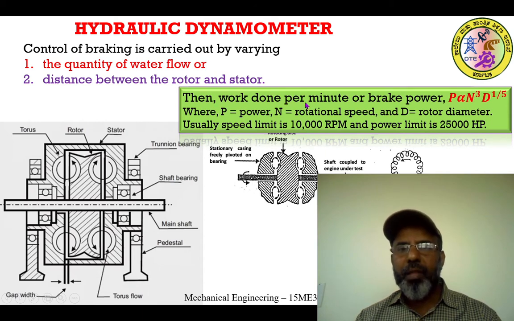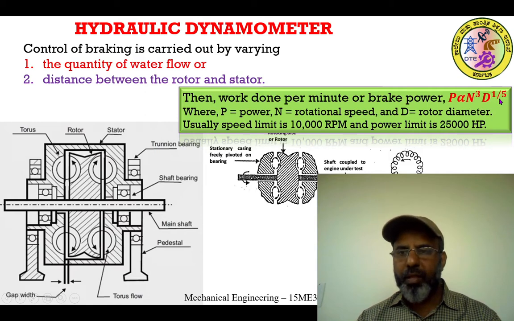And here the work done per minute, or the brake power, is calculated by the relation P is proportional to N cube d to the power of 1 by 5. Here P is the power, N is the rotational speed, and d is the rotor diameter.